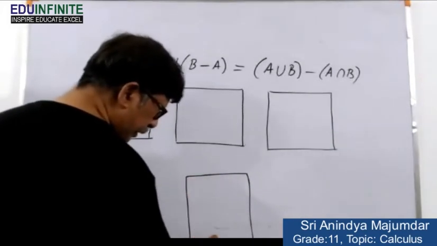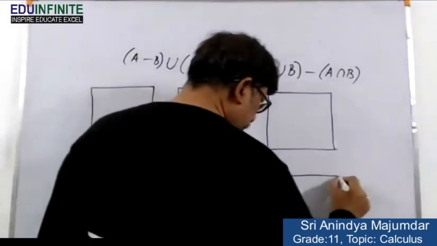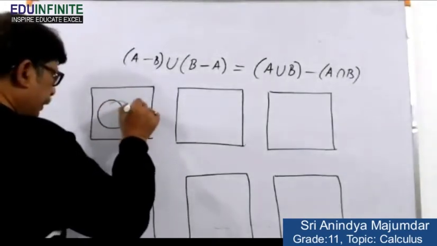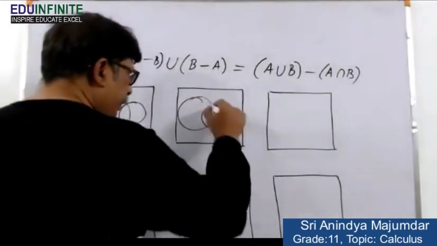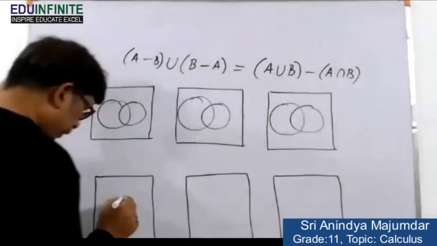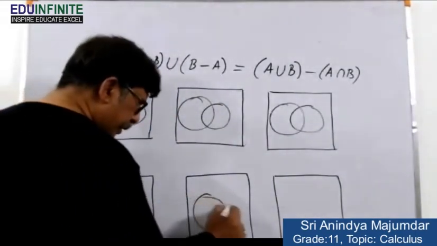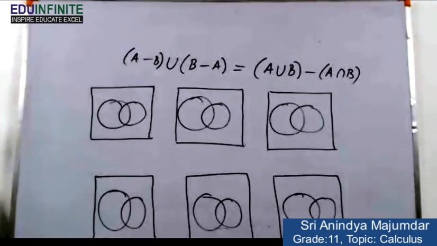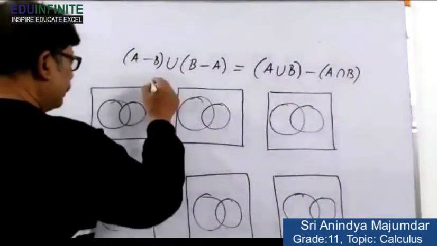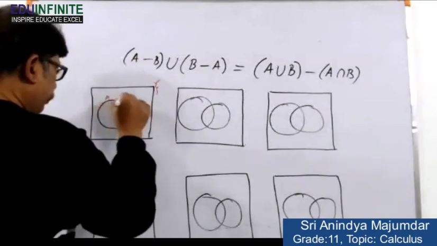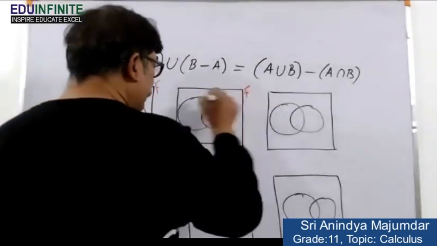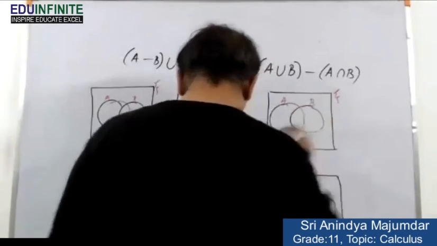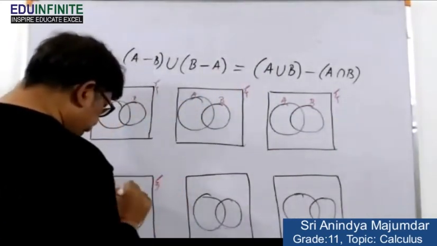Only A and B are there. So in each diagram, the universal set with A and B.